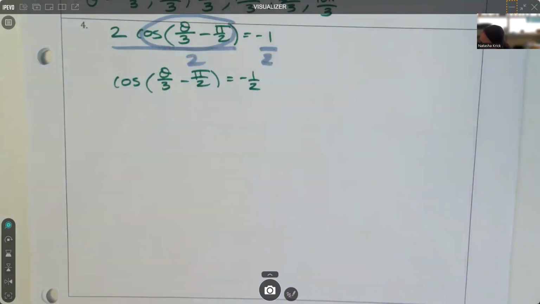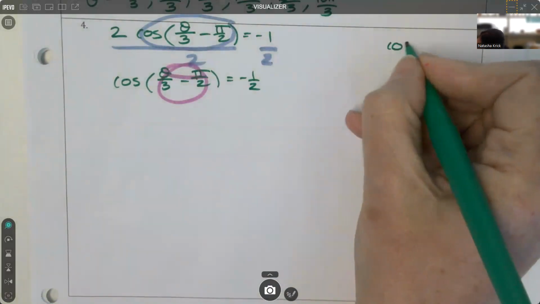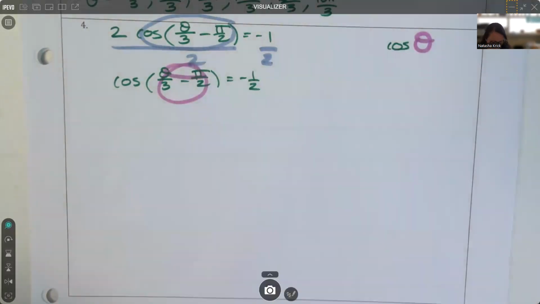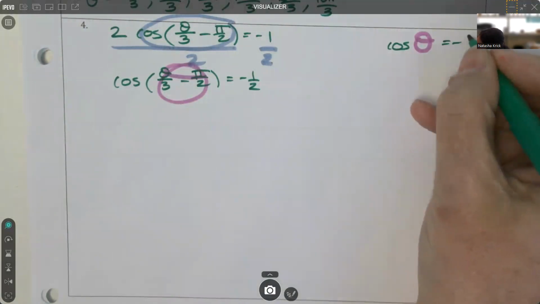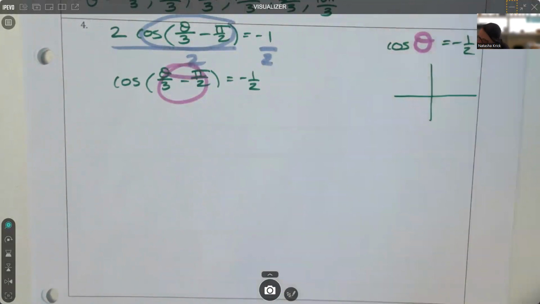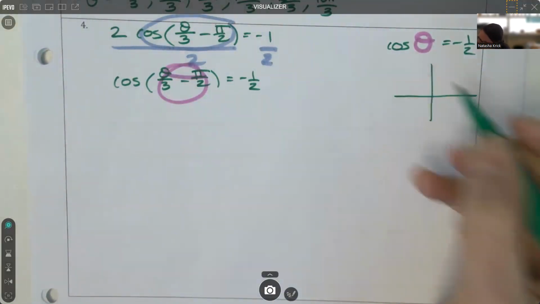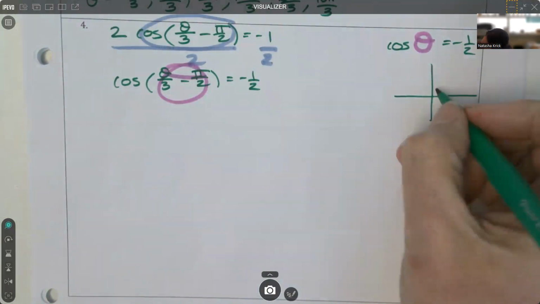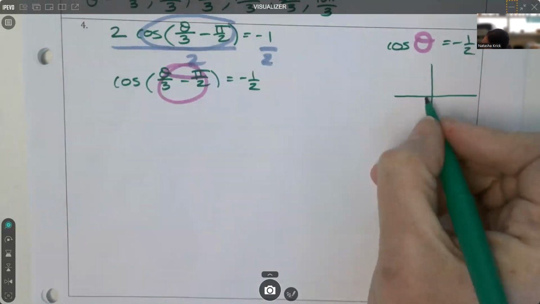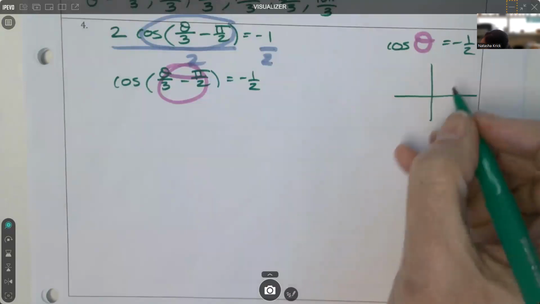And then we want to think, okay, here's this giant theta here. What if I just had cosine of theta equals -1/2? Let's think about what that would be. The cosine is negative, so we're going to be in the second or the third quadrants. The cosine is the x, and the x is the short side here, which is 1/2.